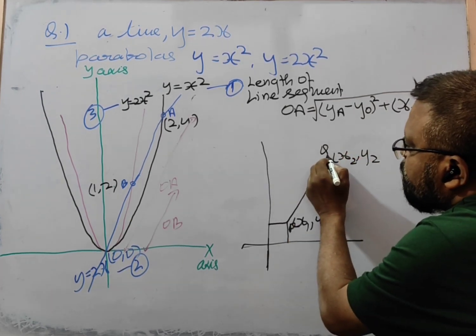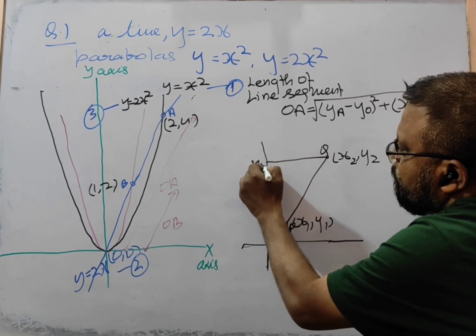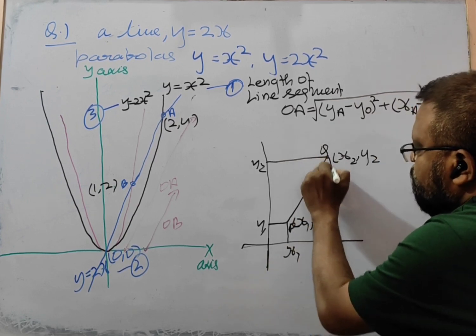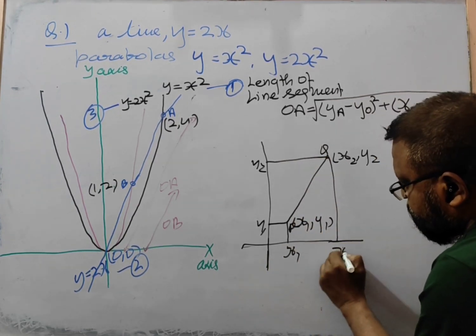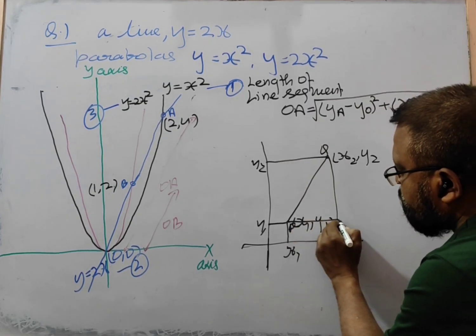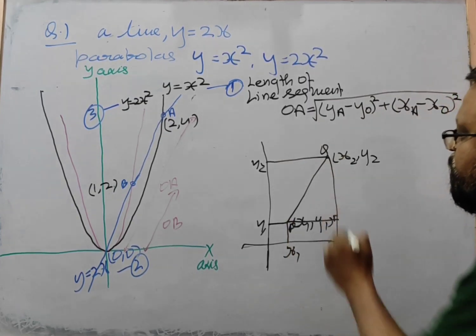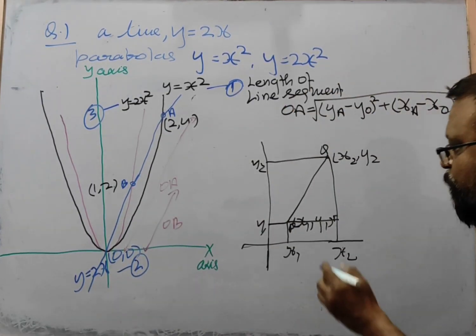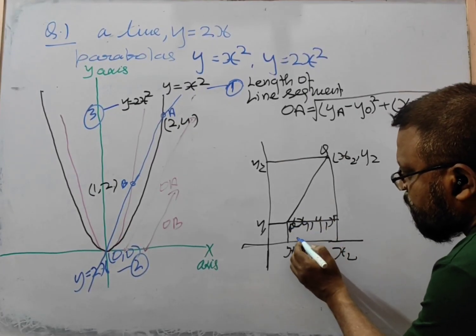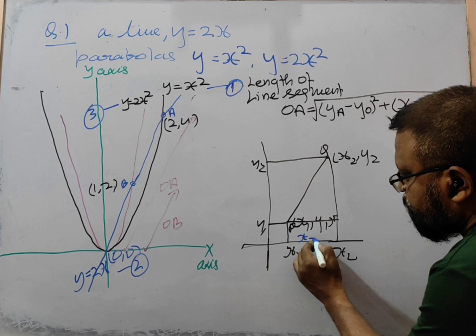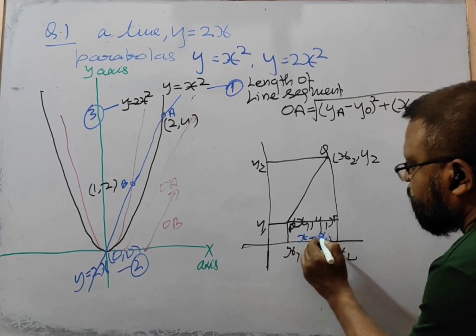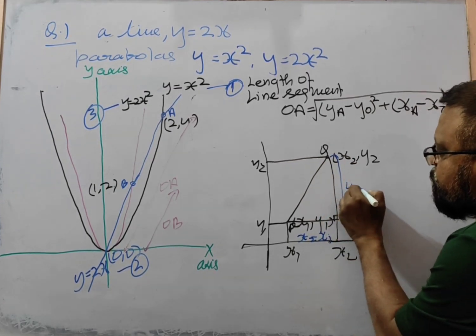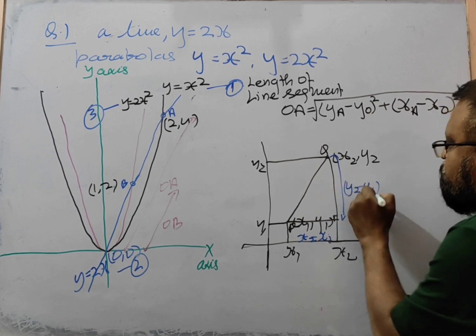So when you join them, a right angle triangle is formed. The distance of this line is x2 minus x1, and the distance of this line is y2 minus y1, right?